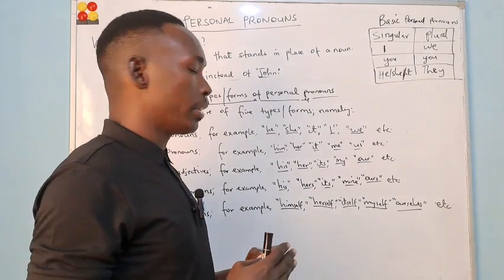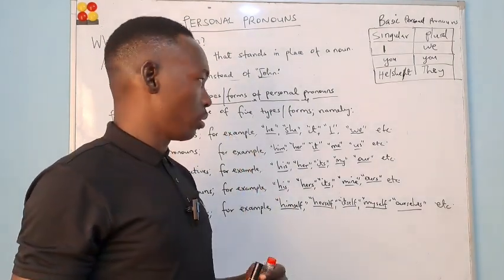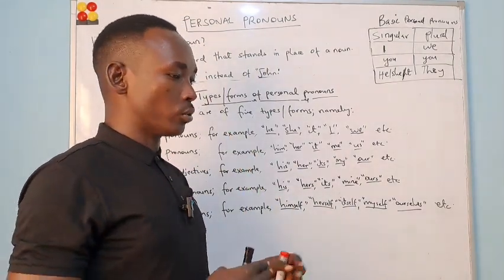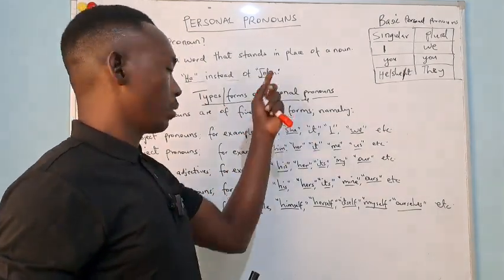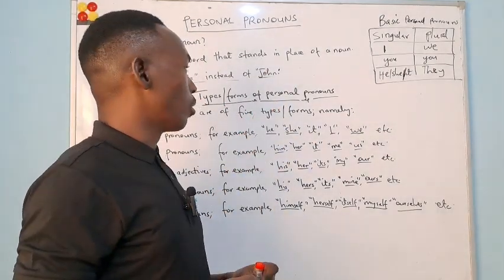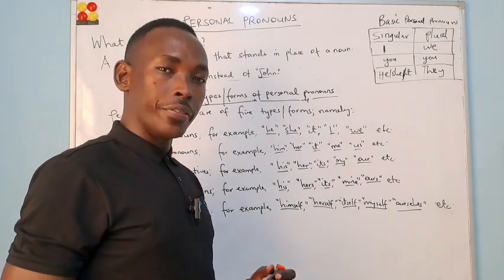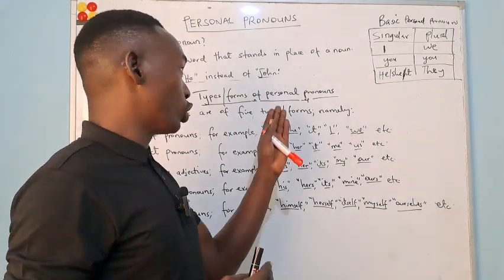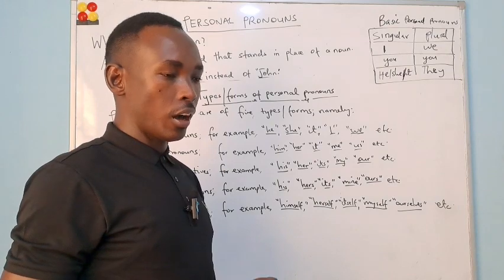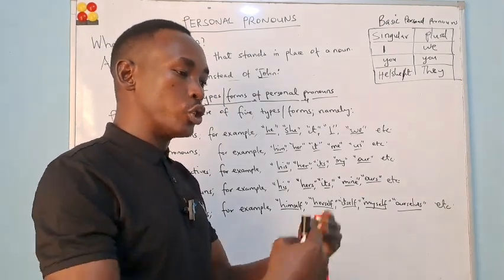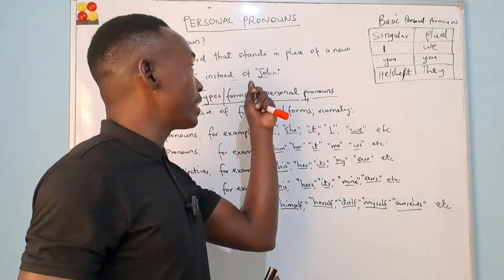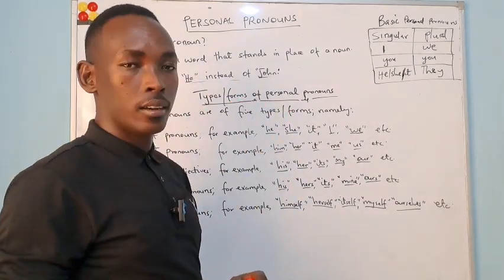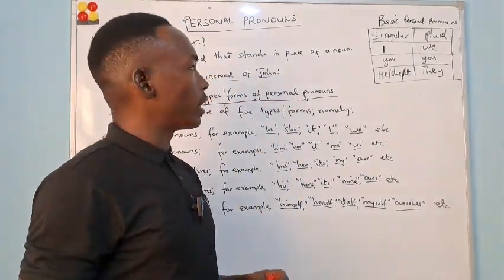Instead of mentioning the name John, we decide to remove it and replace it with the word he. So a word that agrees with John is he. A word that substitutes John is he. A word that replaces John is he. Are we together?